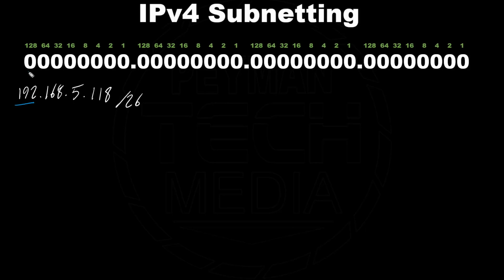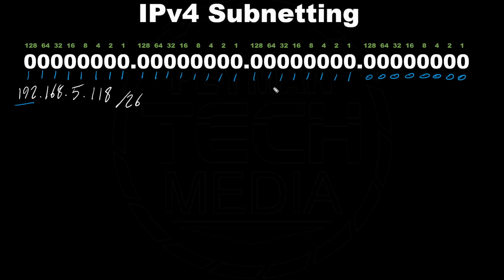Let me show you. So 1, 2, 3, 4, 5, 6, 7, 8. 1, 2, 3, 4, 5, 6, 7, 8. That's 16. 1, 2, 3, 4, 5, 6, 7, 8. That's 24. That's a default subnet mask.